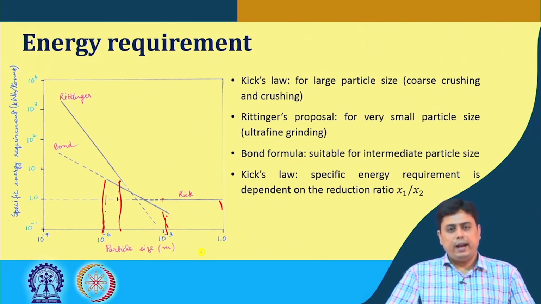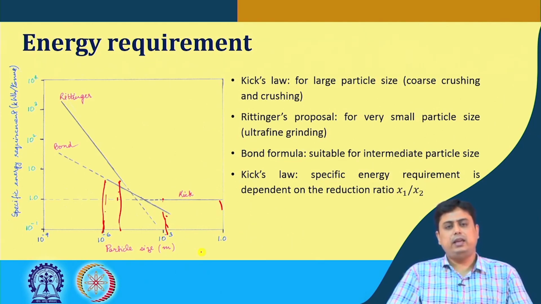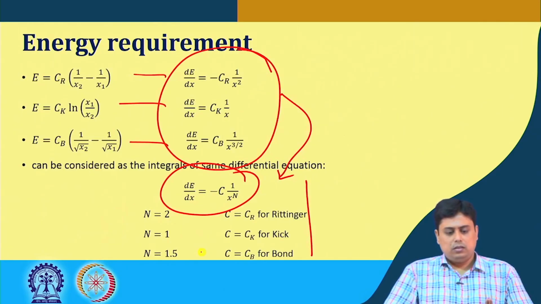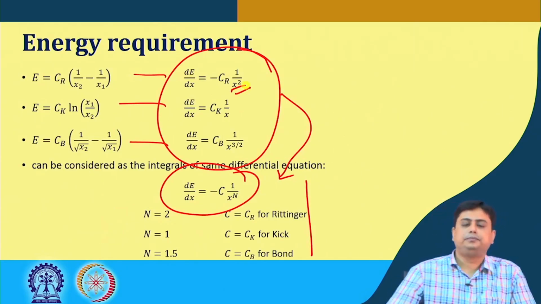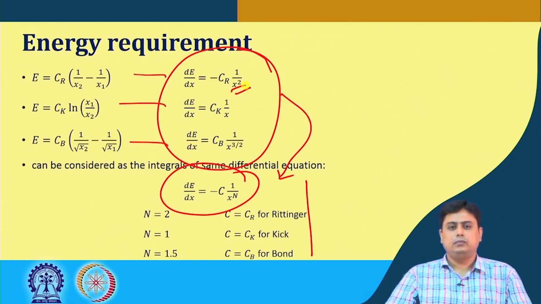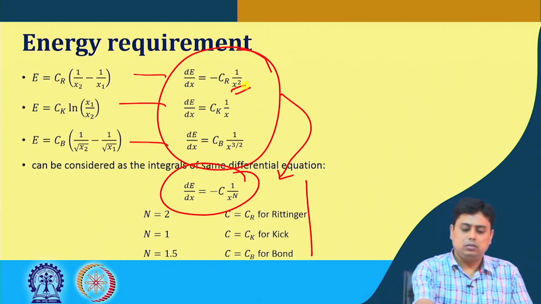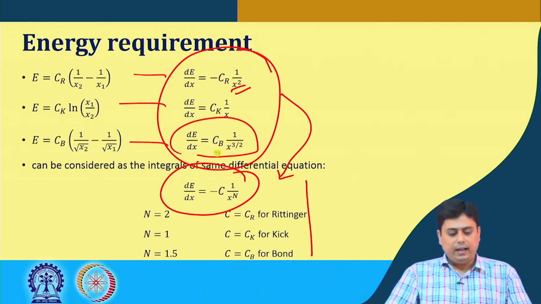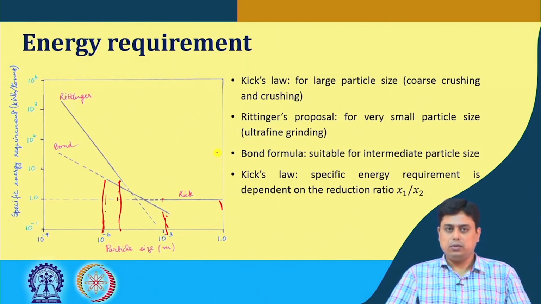If we look at those derivations once again, we can realize that Kick's law dealt with the size ratio, the final and the feed particle size ratio. Rittinger's dealt with the surface area, and Bond's law worked in the intermediate region, and that is what is reflected in this diagram as well.